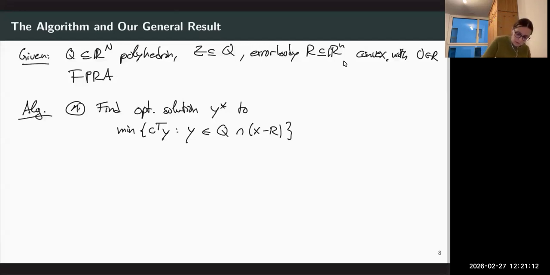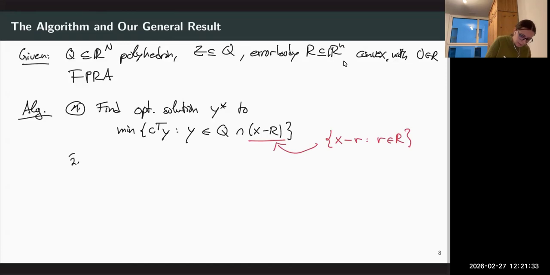That's the one thing we need. And just to be clear, what do I mean with x minus R? This is the set of all vectors x minus r such that r is in the error body. So this x minus R is in the sense of a Minkowski sum.